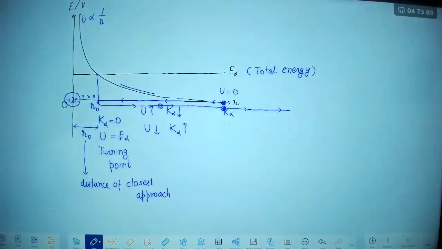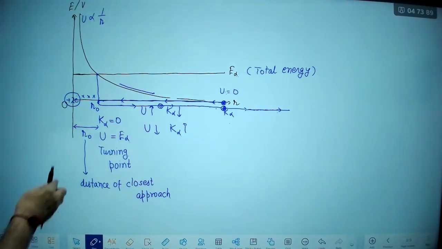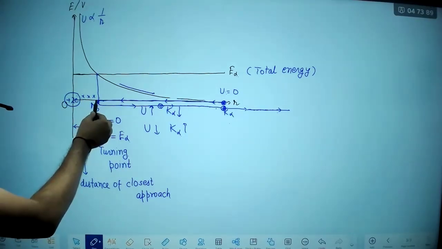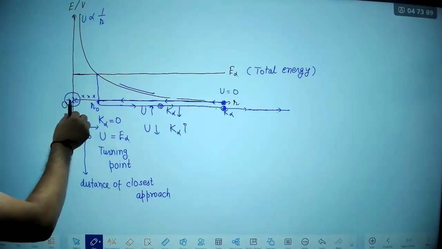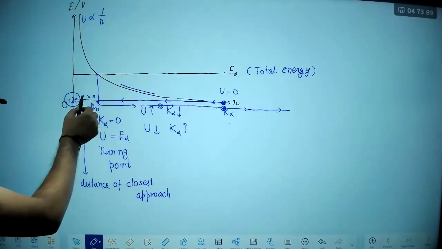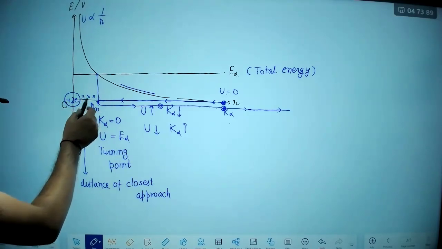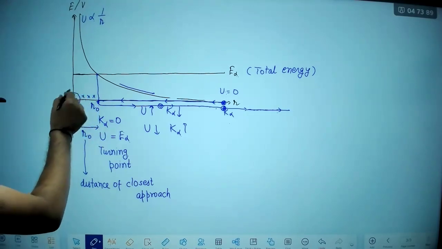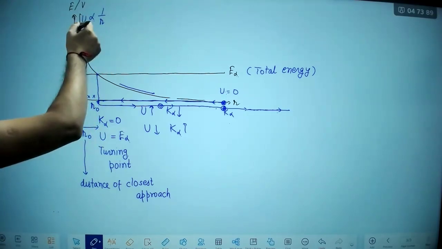Is it clear? Sir, in the forbidden region, the potential energy is so high that kinetic energy becomes zero. From 0 to R naught, the particle cannot enter. If you assume the particle here, kinetic energy will be negative. In this region, kinetic energy is negative because U is greater.